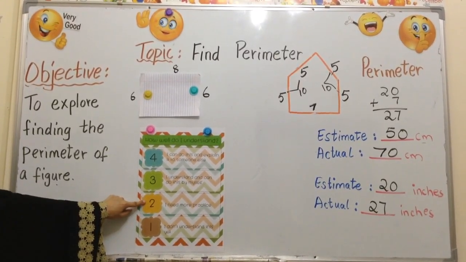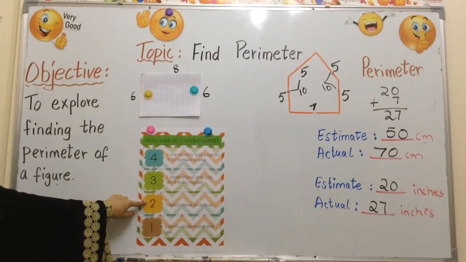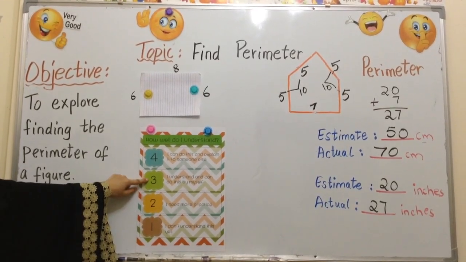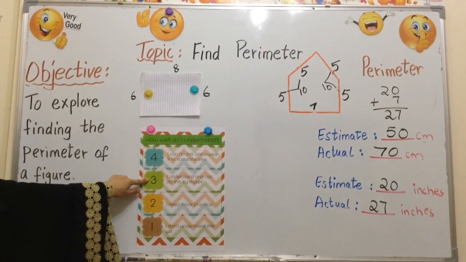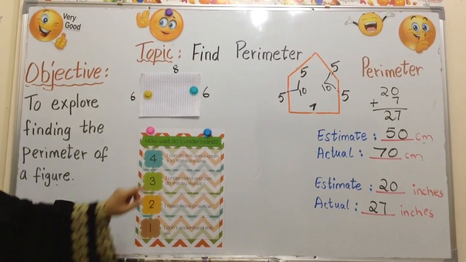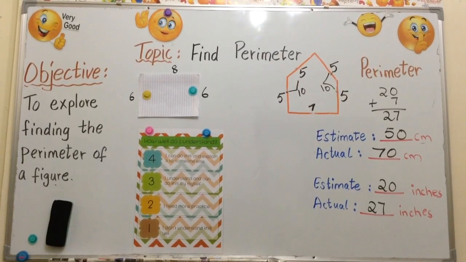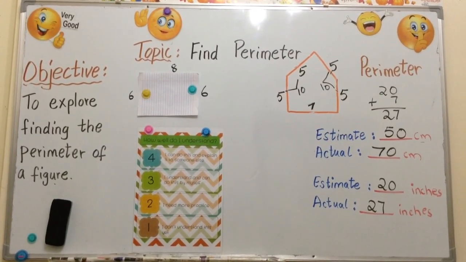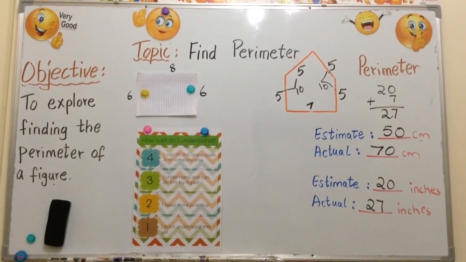If you choose number 2, that means you need a little bit of practice. If you choose number 3, that means you know the lesson and you can do it by yourself. If you choose number 4, which means excellent, you know the lesson and you can explain it to someone, which is your friend or family, which is excellent.